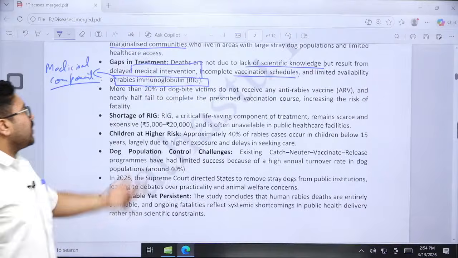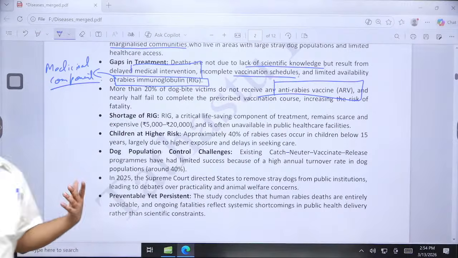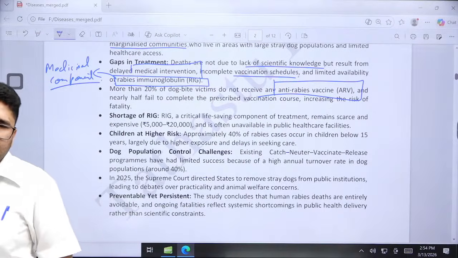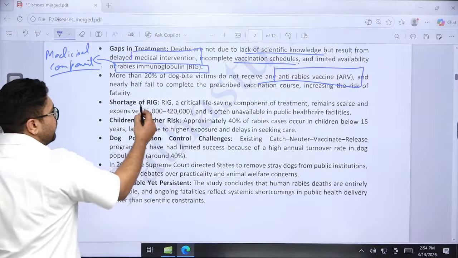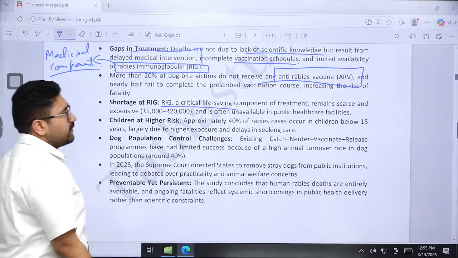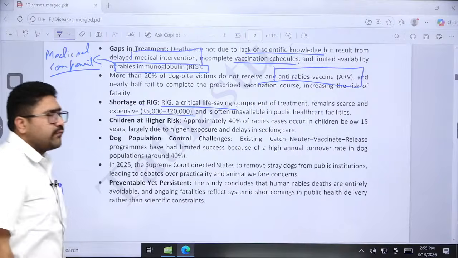More than 20% of dog bite victims do not receive any anti-rabies vaccine. So delayed medical intervention also results in increased deaths. RIG, that critical life-saving component, remains scarce and is also expensive, at 5 to 20,000 rupees.